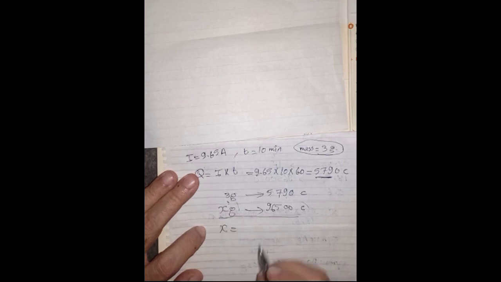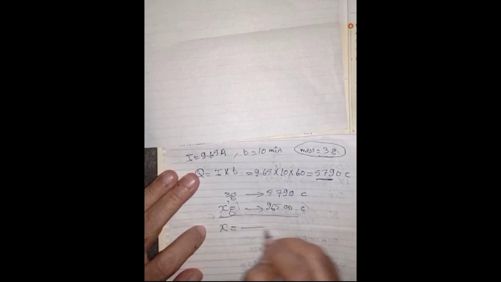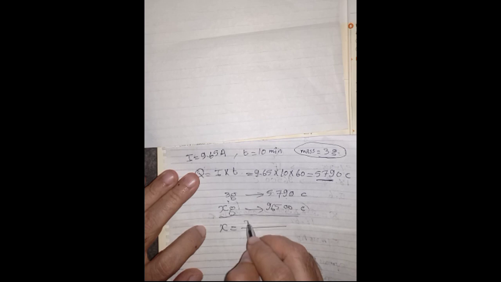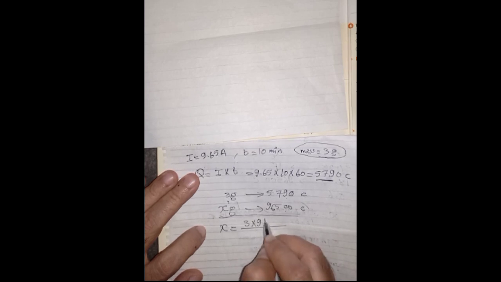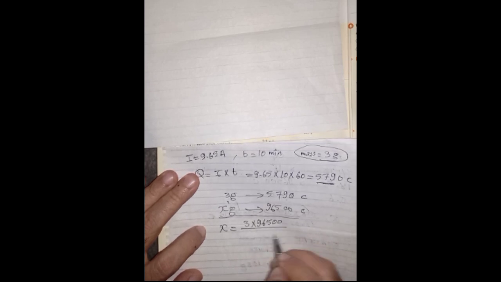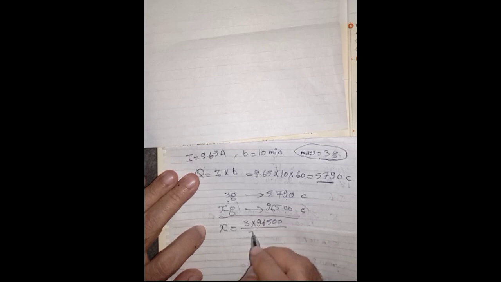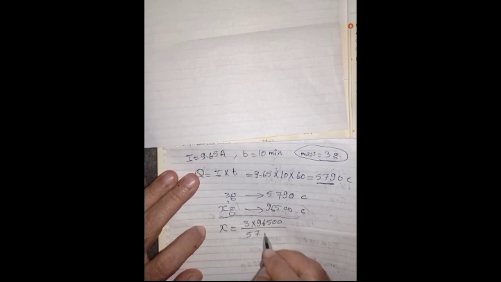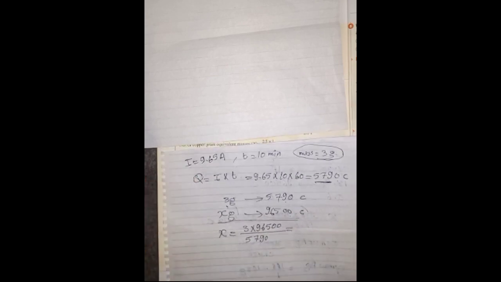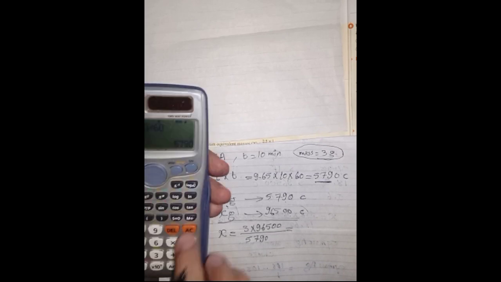X equals 3 times 96,500 coulomb over 5,790 gives, okay, let's calculate it together.